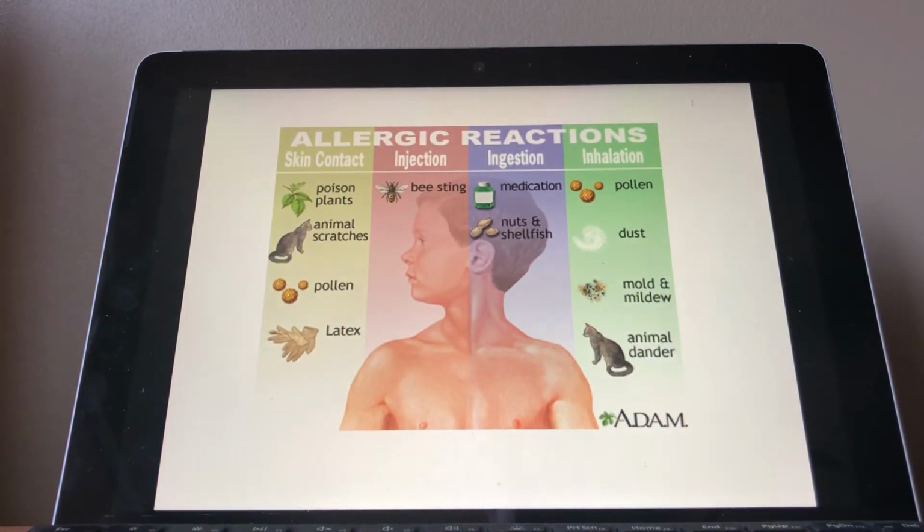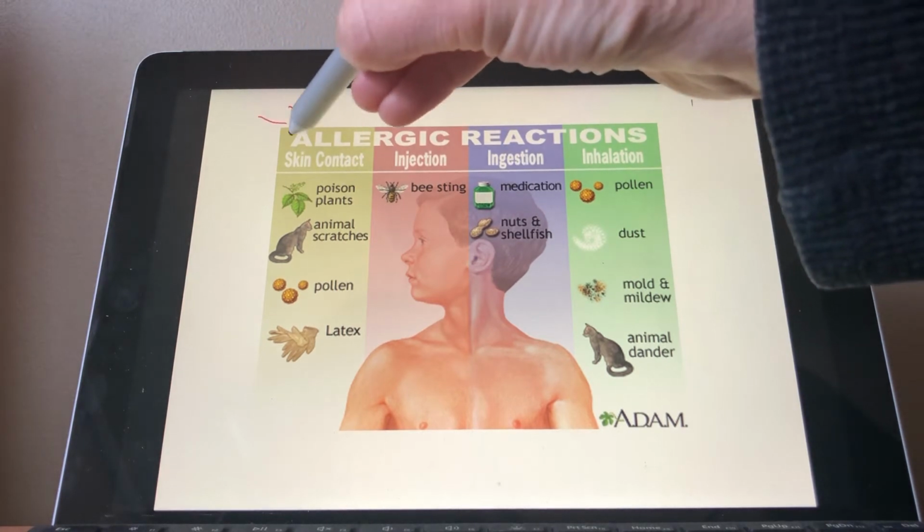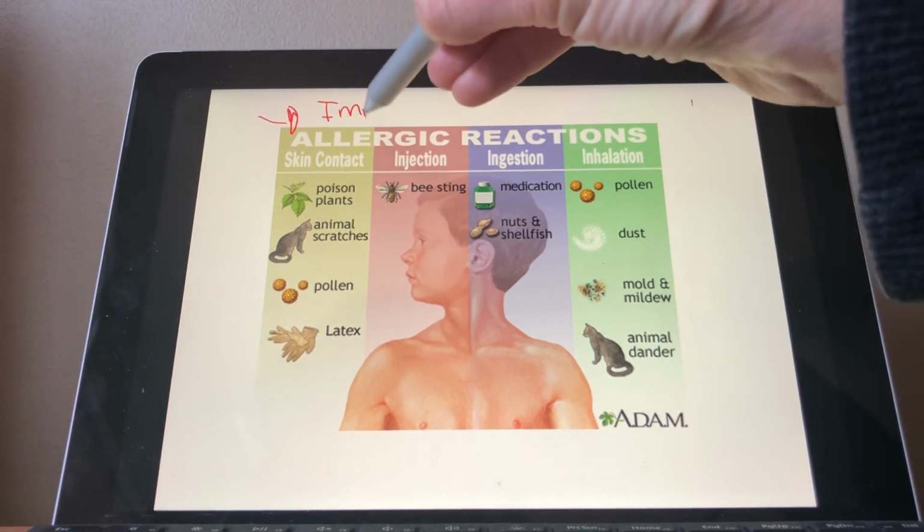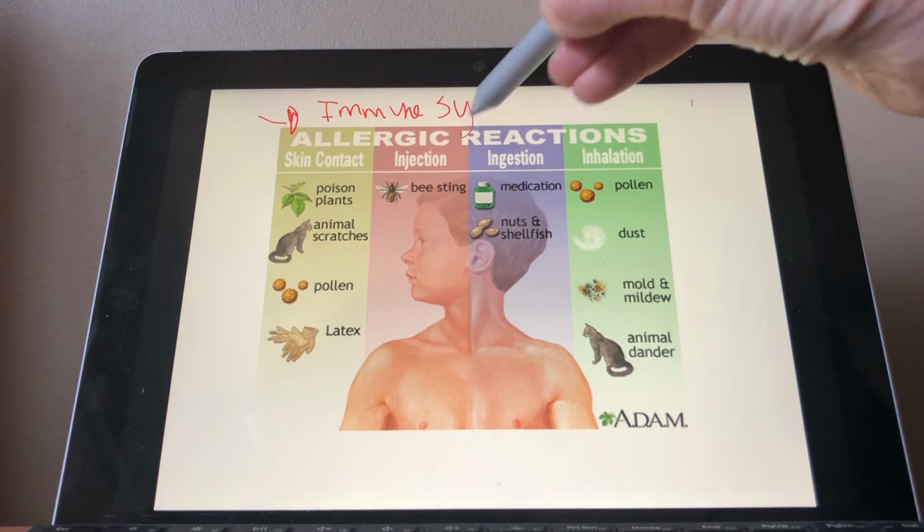All right, this is where we kind of left off, and I wanted to get into more detail about this. So allergic reactions. Now, what actually are allergic reactions? Well, it's the immune system out of control.